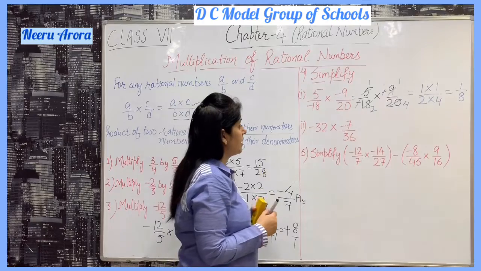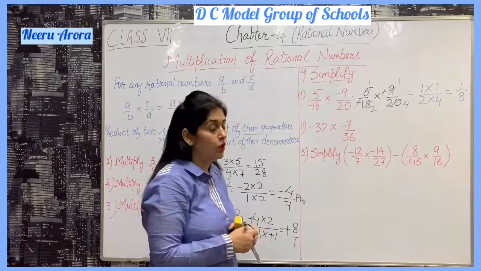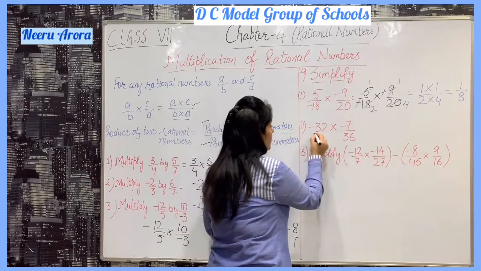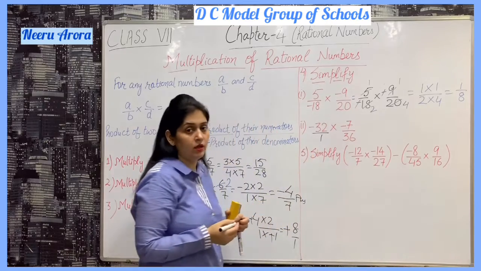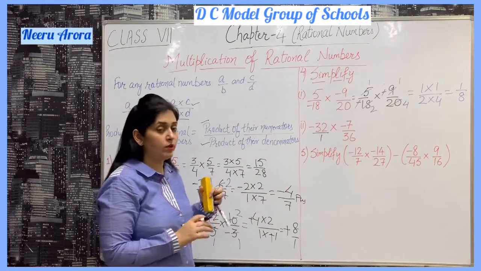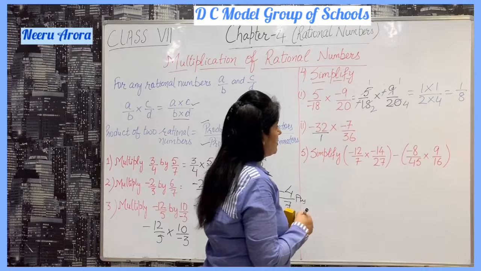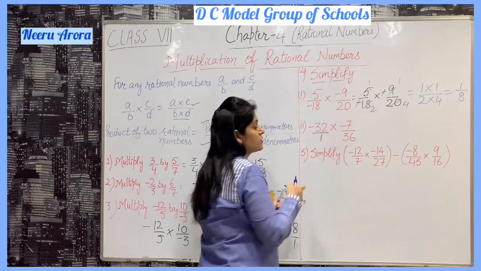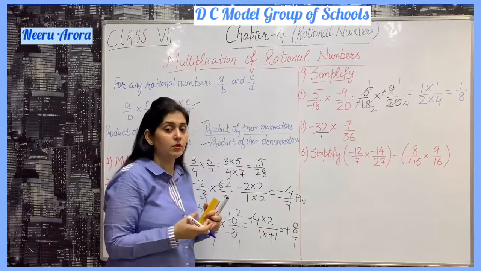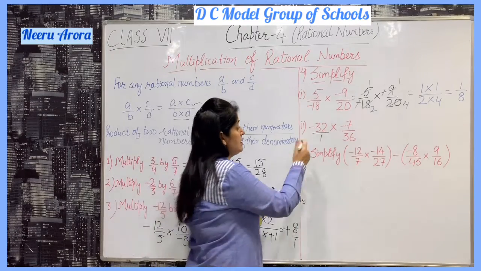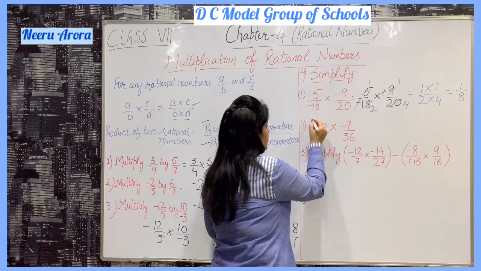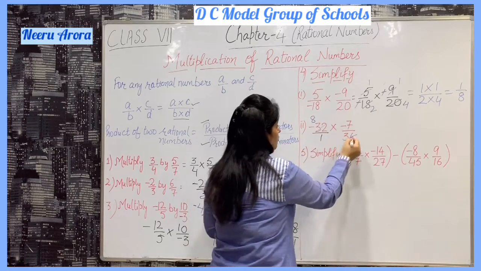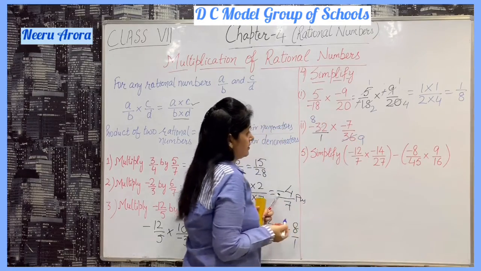Now the second part is minus 32. There is nothing in the denominator, so we can put 1 there. The rest of the sum is the same. Is there any number which can cancel numerator as well as denominator, or any common divisor? Yes, 4 eights are 32, 4 nines are 36.